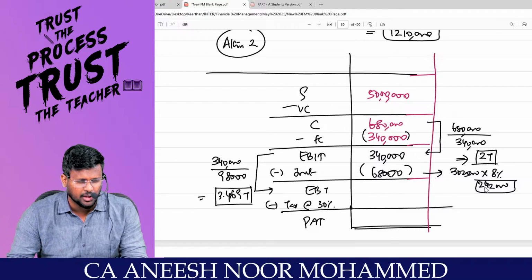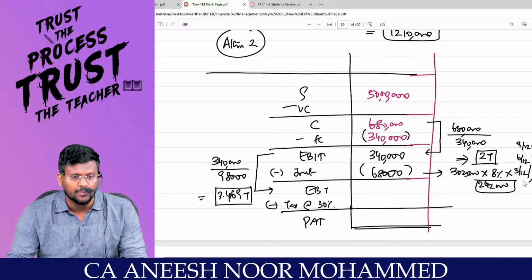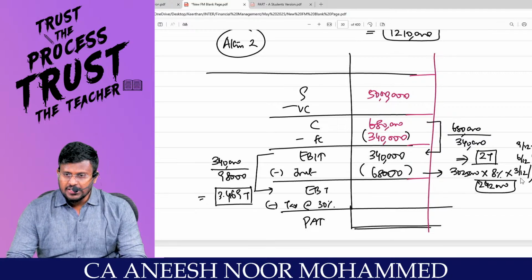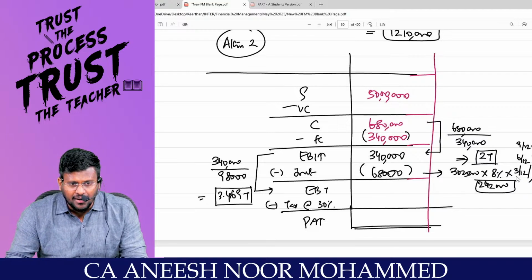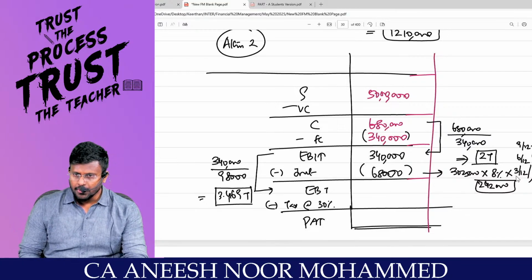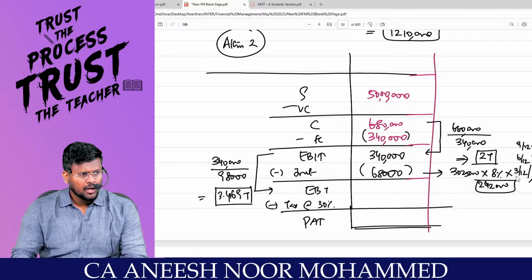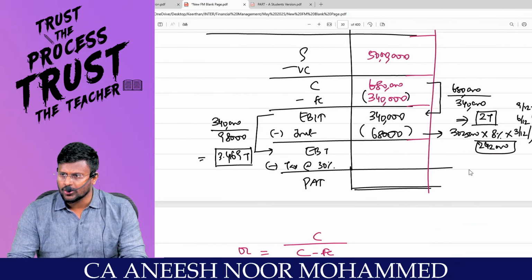Such an information is not given in the question. This may be for 3 by 12 or 6 by 12 or 9 by 12, which is missing in the question. So it is illogical to assume that this much should be the mandatory interest. Comfortable? Are you agree with me? If nothing has been given, I will assume like that. But they themselves calculated their own financial leverage, right, sir?